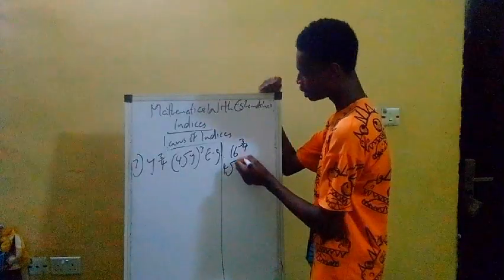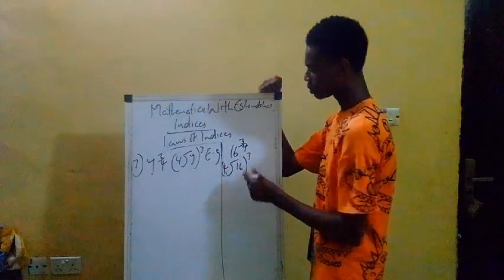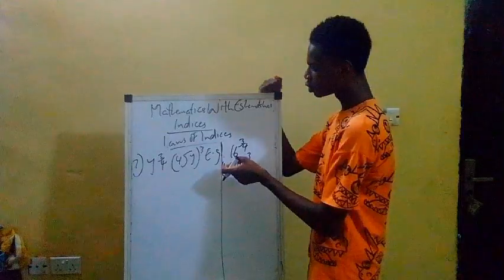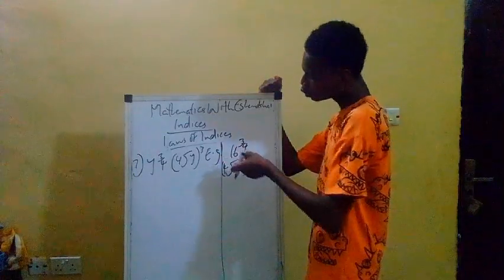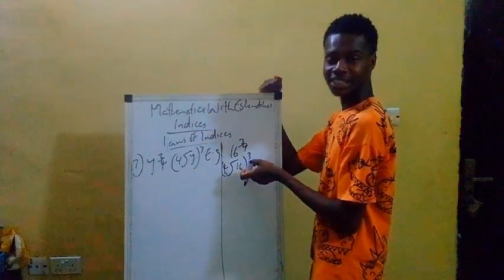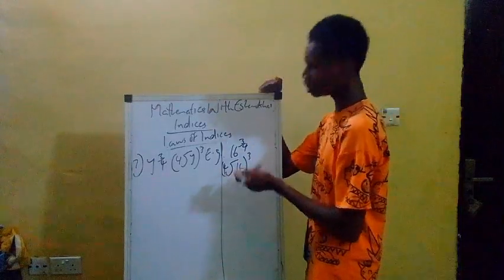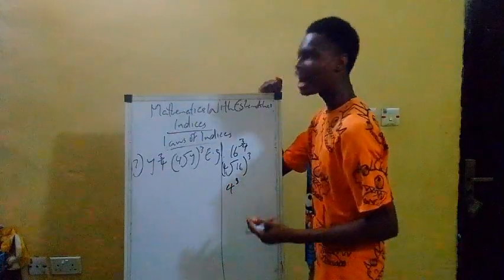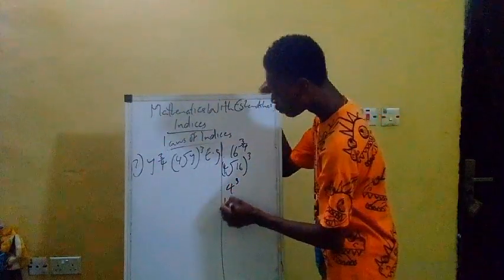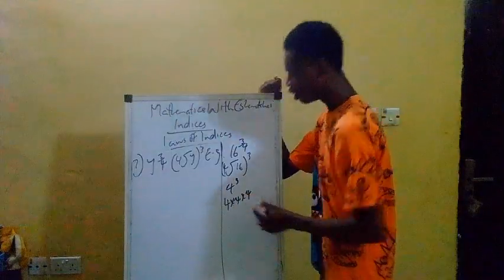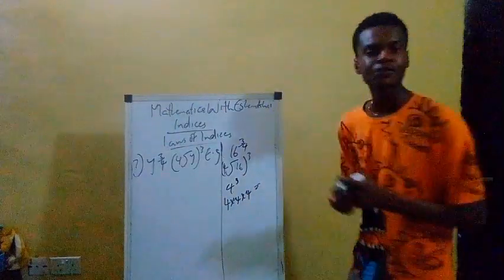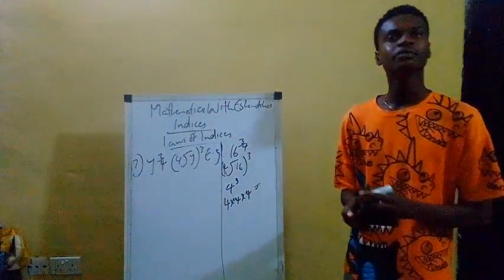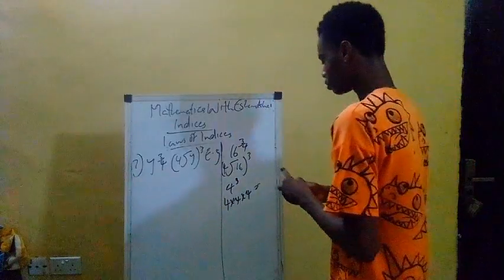You put your 16, bracket, power 3. If you use 4 to take the root, the fourth root of 16 is what? 4? No, 2. Wait, now we are plotting 4. We have 4 raised to power 3. And 4 raised to power 3 is basically 4 times 4 times 4. Now 4 times 4 is 16, then 16 times 4.